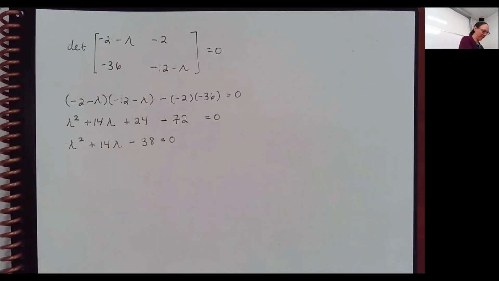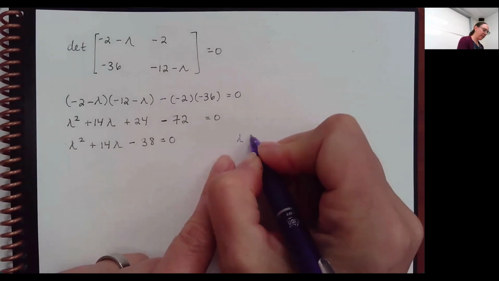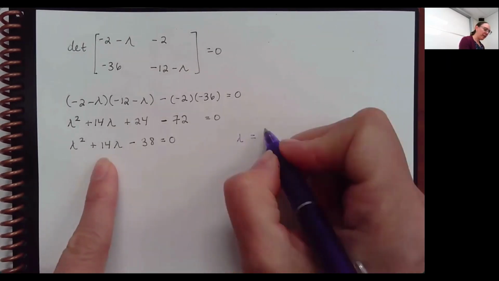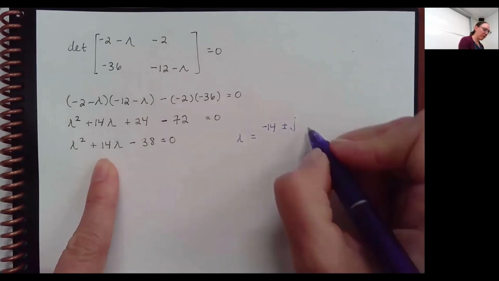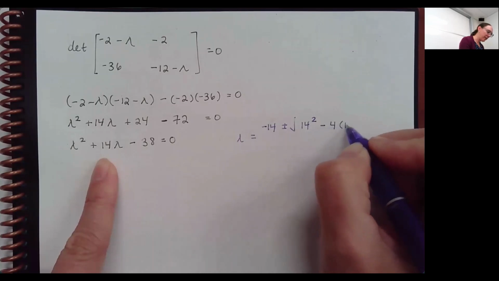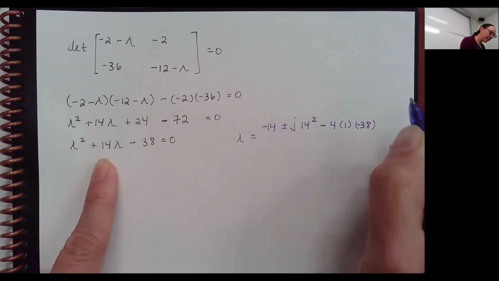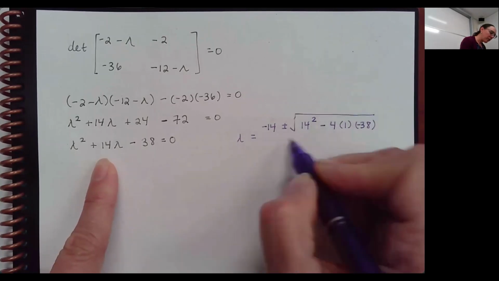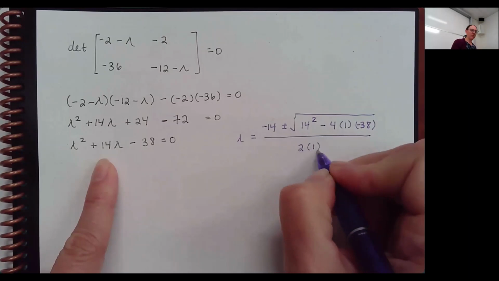So it's going to be quadratic. And I'm going to have lambda equal to -14 plus or minus the square root of 14 squared minus 4 times 1 times -38, all over 2 times 1.